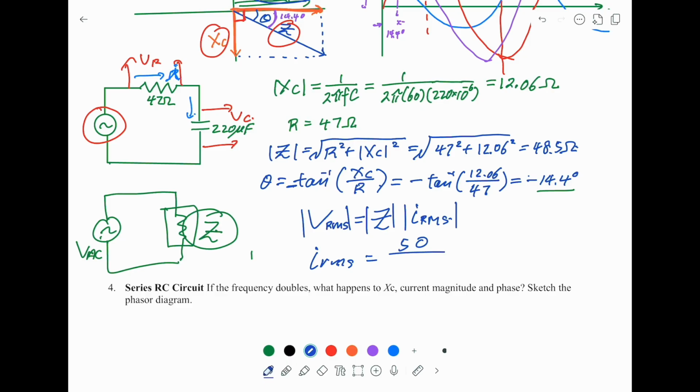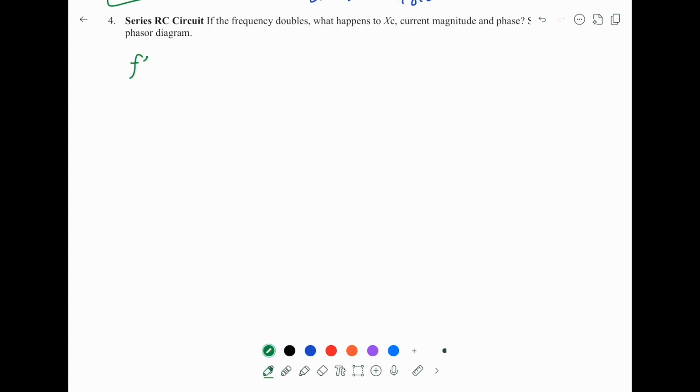Yep, 48.5, and it will equal 1.03 ampere. If the frequency doubles, it means 2F equals 2 times 60, 120 Hertz.